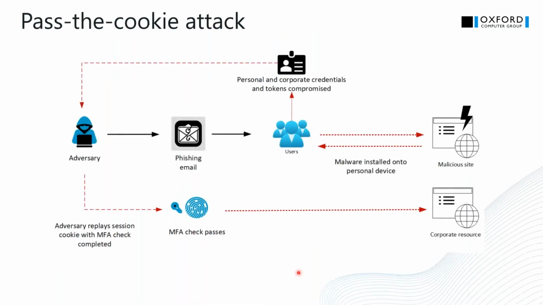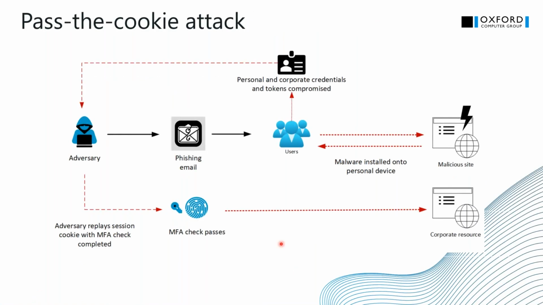Another similar attack is known as a pass the cookie type of attack. And if you've worked in Active Directory and Kerberos environments, it's very similar to an Active Directory pass the hash type of attack, but essentially, as opposed to setting up infrastructure like a reverse proxy in between the user and the legitimate corporate resource, in this case, they're installing malware onto that person's personal device.